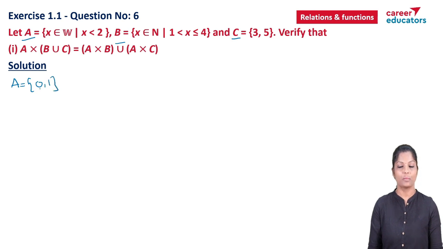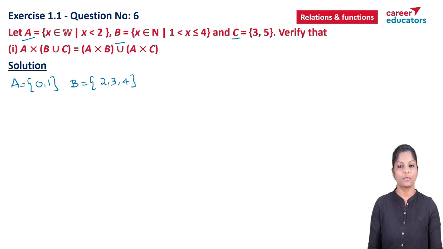The elements of B are also not given in the question. A condition is given, that is, x belongs to natural number that must be greater than 1 and less than or equal to 4. Therefore, B equal to {2, 3, 4}.